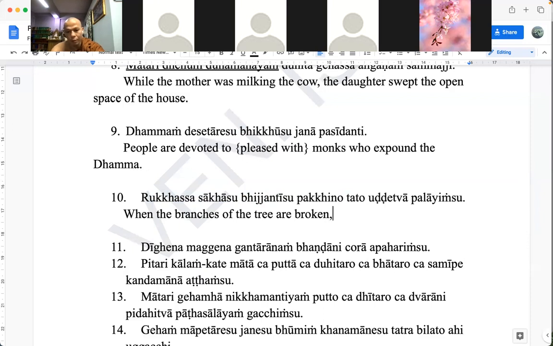Past participle, past tense, so that is better, were broken. So bhijjamana, that is a consonant noun, and nominative is plural.